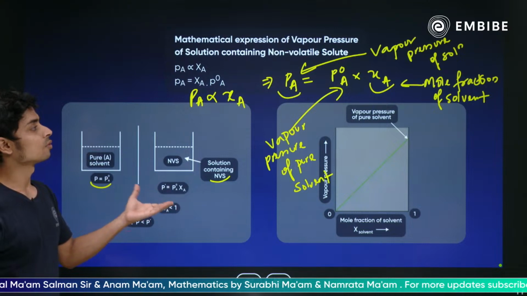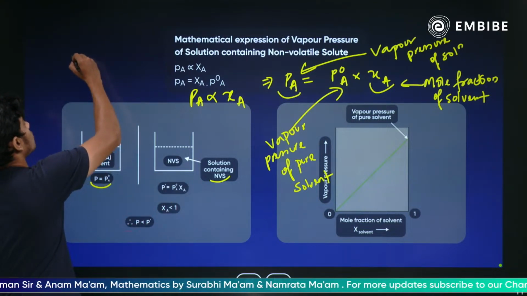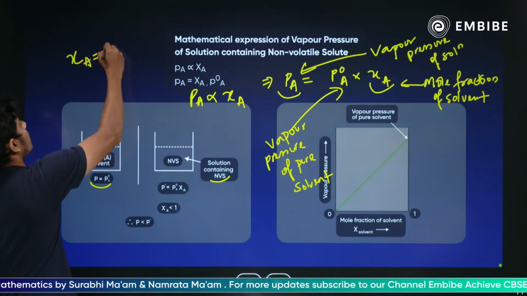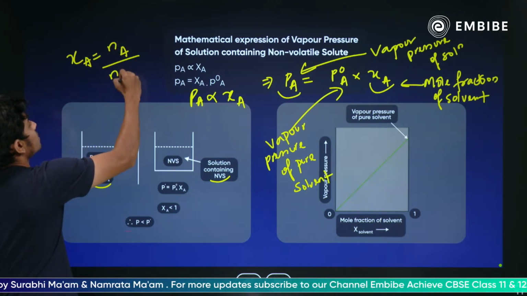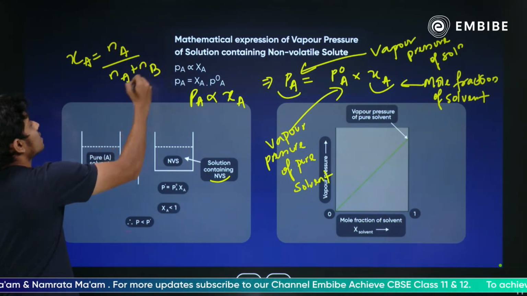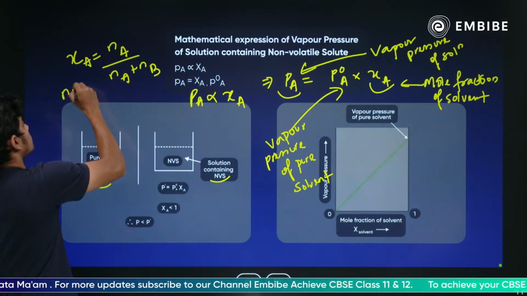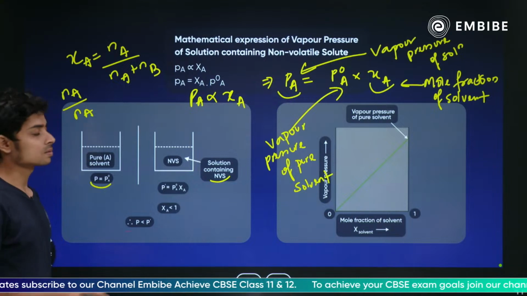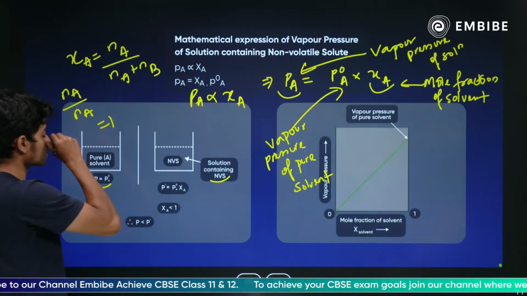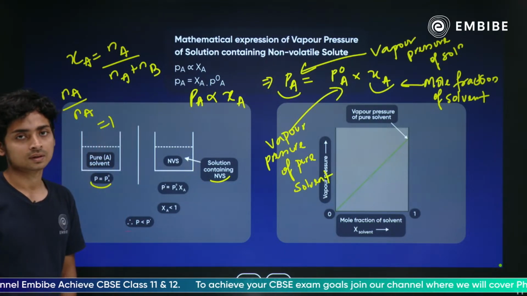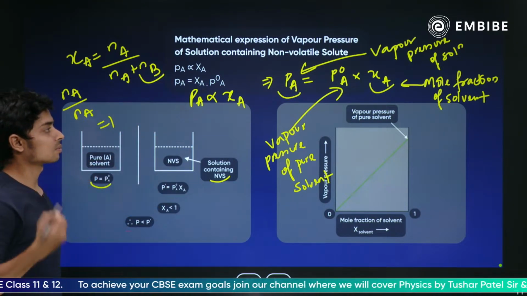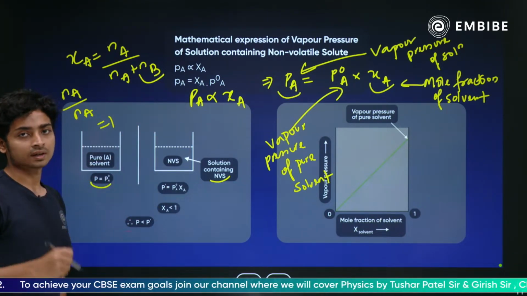Mole fraction X A is equal to Na by Na plus Nb. Initially it was only Na by Na, as there was no solute present, so it was maximum, equal to 1. The maximum value of mole fraction can be 1. But once you add Nb, the number of moles of solute, the value of X A reduces.